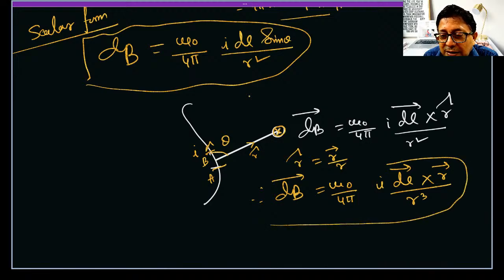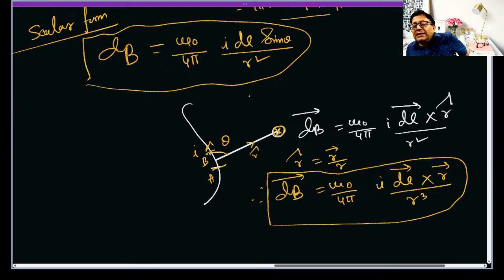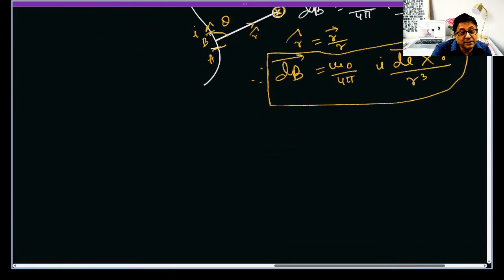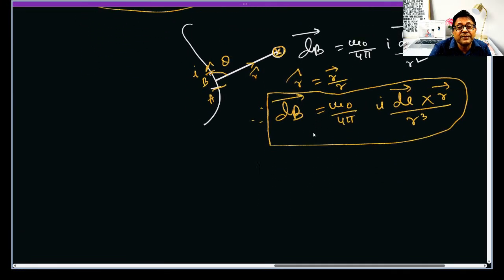Okay, this is Biot-Savart law, and you can get the direction by using the right hand thumb rule. For the right hand thumb rule, we place the thumb along the direction of the current carrying wire, then the direction in which the other fingers curl is the direction of the magnetic field.